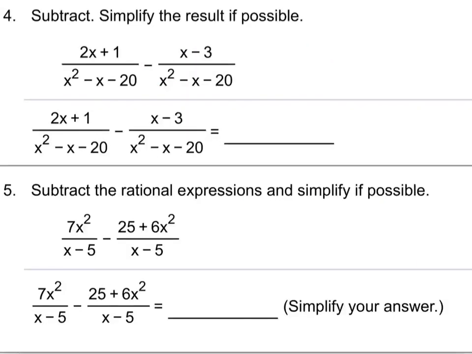When you subtract, this minus is going to go there and there, isn't it? It distributes is really what it does because you're subtracting the whole fraction on the right. So it goes to both of them.